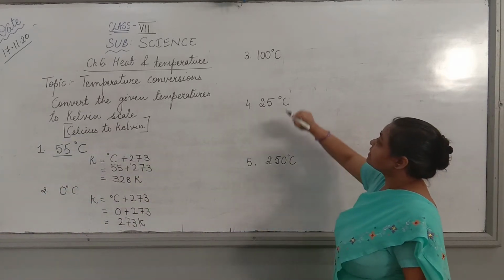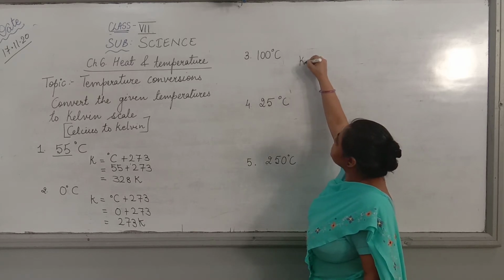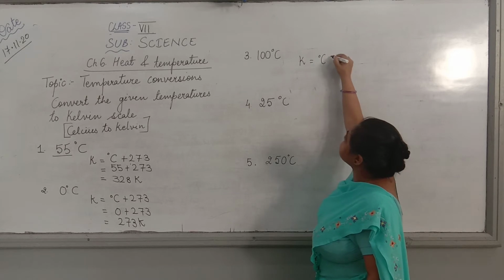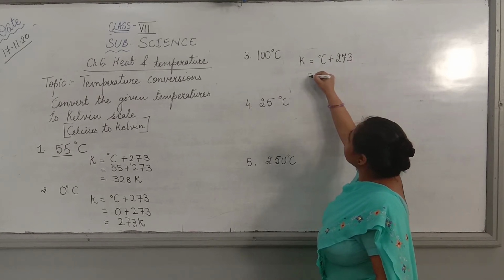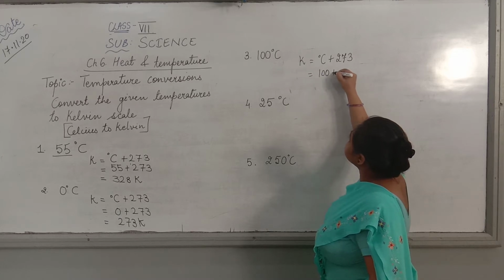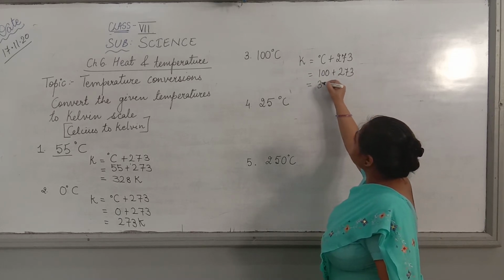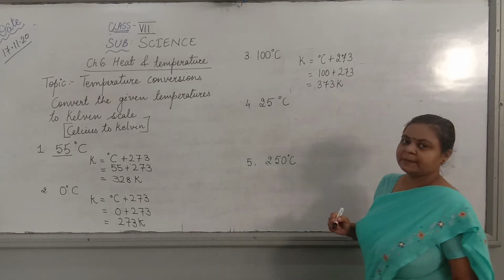Next, 100 degree Celsius. Use the same formula. K is equal to degree Celsius plus 273. So 100 plus 273 gives you 373 Kelvin. Right?